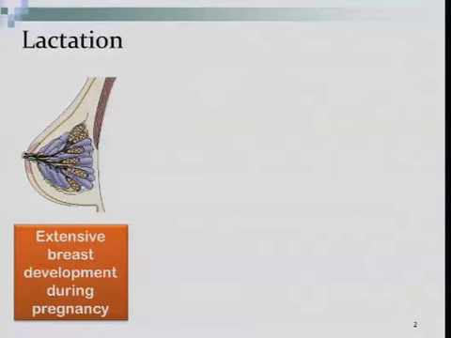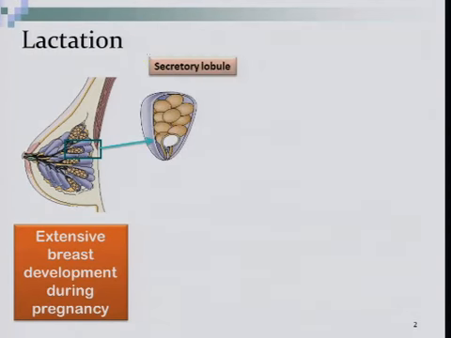Okay, so lactation. During pregnancy, there's extensive breast development under the influence of mostly placental hormones. If we do a cutaway of a lactating breast, we see these purple structures are secretory lobules. Inside the lobule, we have these little sacs called alveoli.